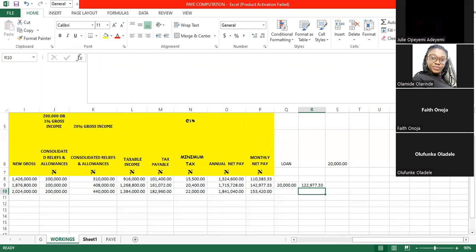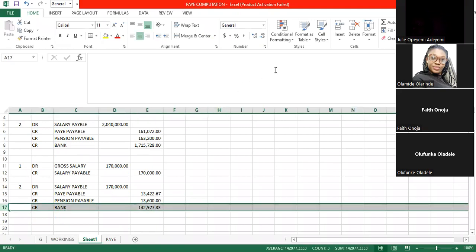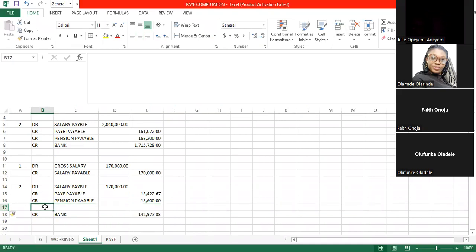So you come to this journal now. What you are going to have in this journal for monthly: instead of having this net pay here, we create another line. You credit this one too. This one will be loan. How much is the loan? Loan is 20,000.